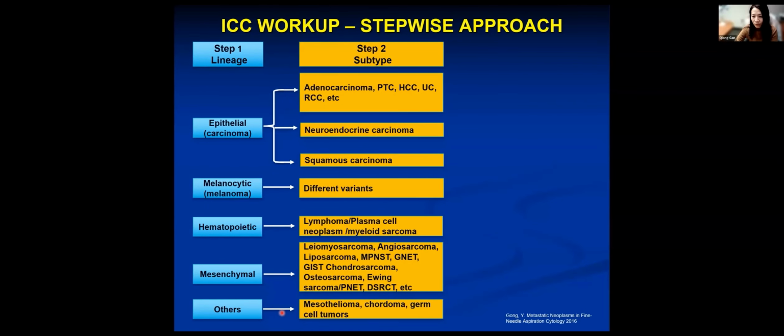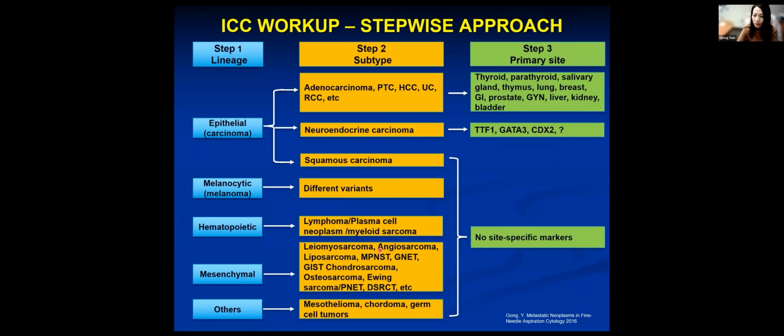Once the lineage is determined, the next step is to identify the subtype within each lineage, together with, of course, morphology evaluation. For example, in epithelial lineage, you might think: is it adenocarcinoma, squamous, neuroendocrine? And for melanoma, which variant, like spindle cell, desmoplastic, etc. Following this, we proceed with the site-specific markers if applicable.